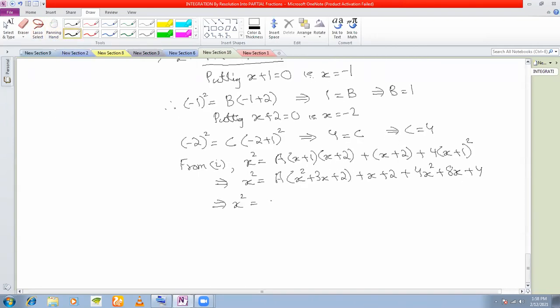Isn't this what we were doing in the second method? We are taking the coefficient of x squares together and the coefficient of x together and the constant term together. So you get 4 plus a x square plus 3a plus 9 x plus 2a plus 6.